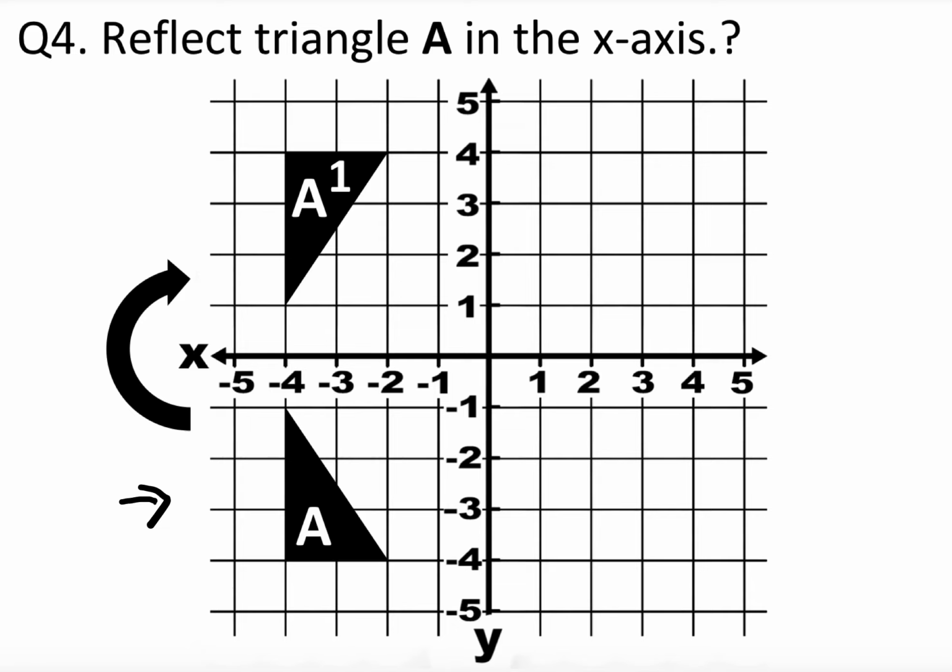You see your face, but the other way around. The reflection line is the x-axis, the line running horizontally in the middle of the graph.